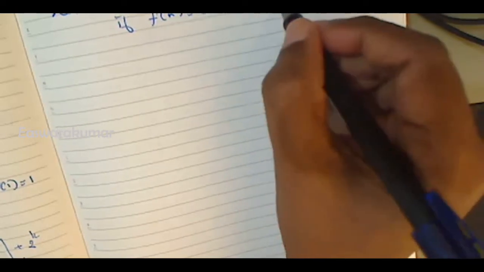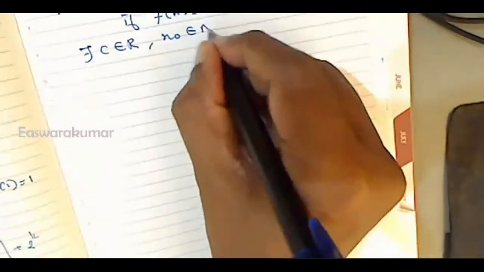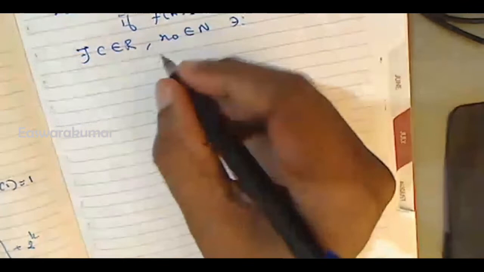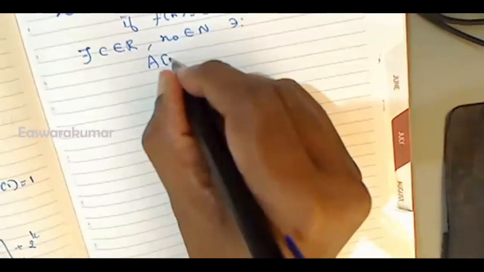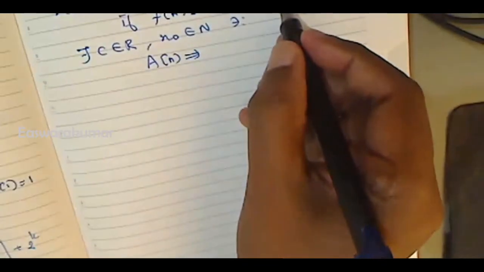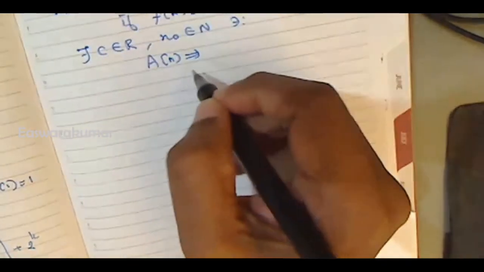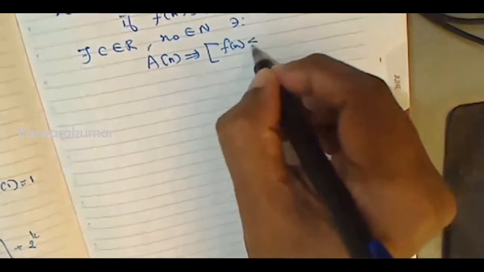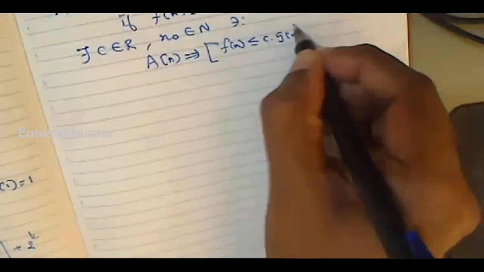This is the complexity based on this condition. So how we define that is, if we say something like that, then there is a constant c belonging to R, and there is a constant n0 belonging to N. This is similar to the previous one, right? Such that a of n implies that f of n is less than or equal to a constant multiple of g of n.